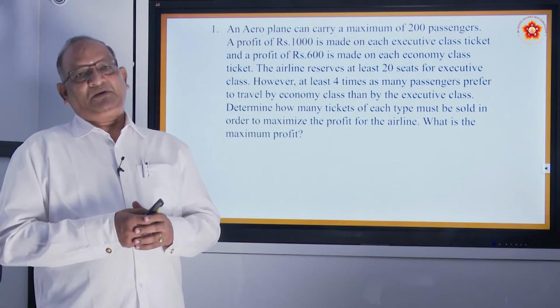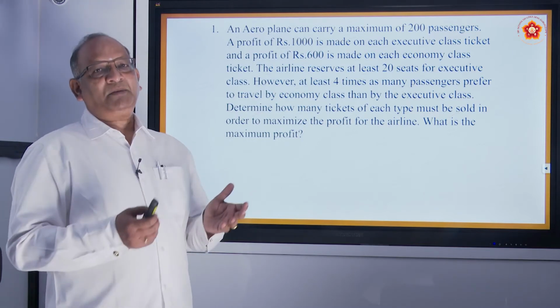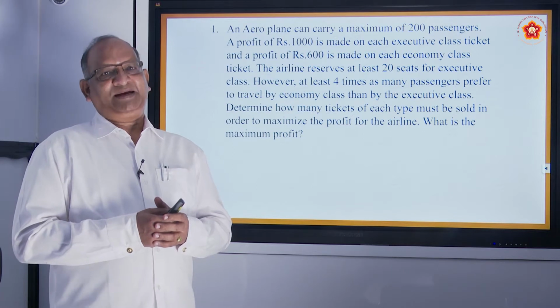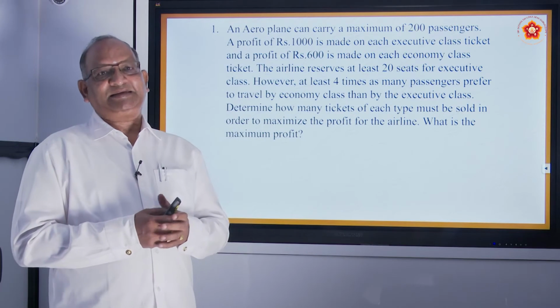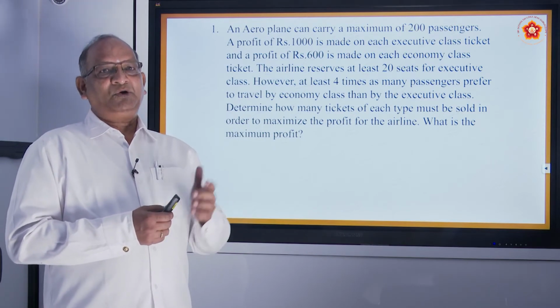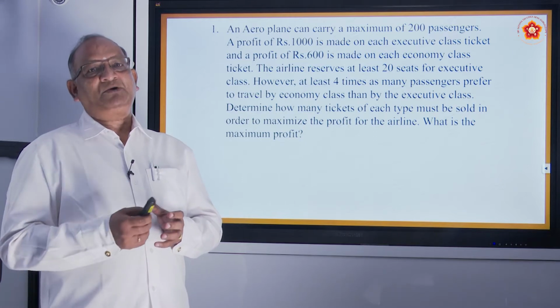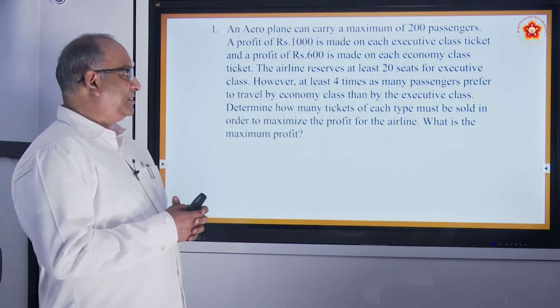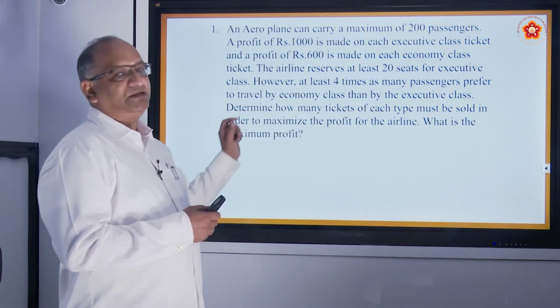He is talking about executive and economy class tickets in a flight. So he says that on each executive class ticket, they are able to make a profit of 1000 rupees. On economy class, they are able to make a profit of 600 rupees. He is asking, determine how many tickets of each type must be sold.